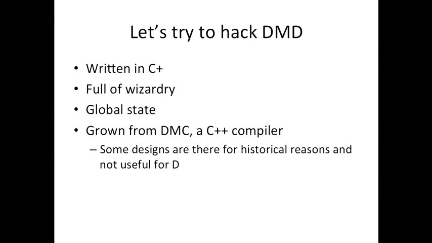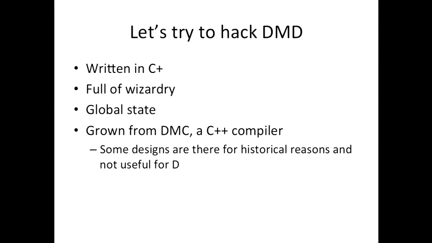My first idea was to start working on DMD and extract a part of DMD to create a library from it. The problem is that DMD is written in C++. It's full of wizardry. There is some global state in it. And it's very difficult with all that stuff to actually isolate some part of it, the working part, and make a library.